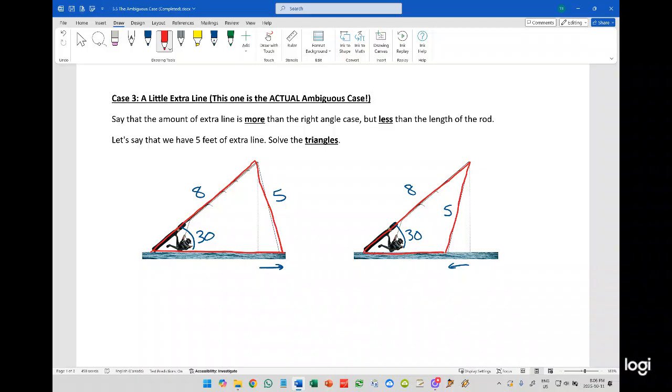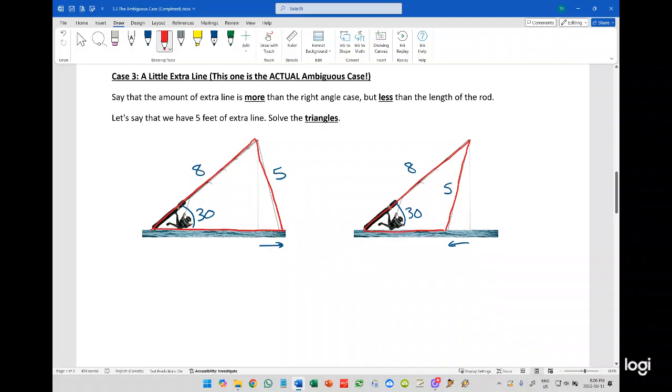Okay, so let's solve these and see what happens. We're not going to solve them separately. They're going to solve simultaneously, but we are going to find the same thing in both. In both of these, we have two sides at an angle. We can call the letters whatever we want.